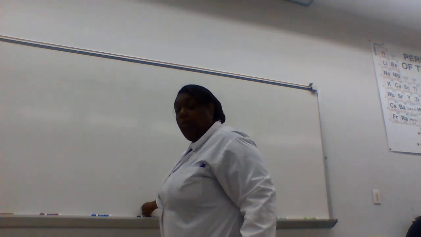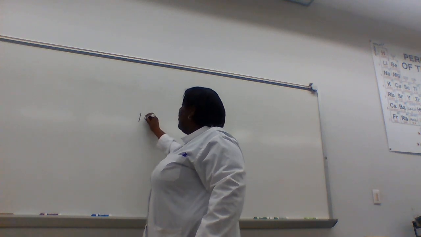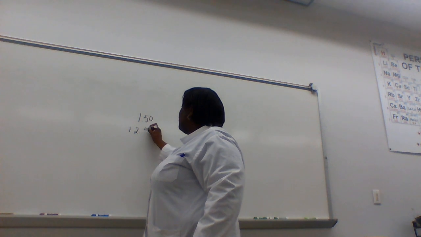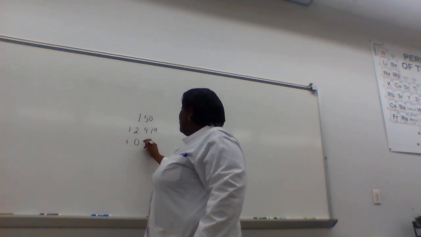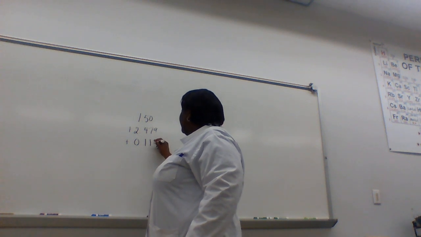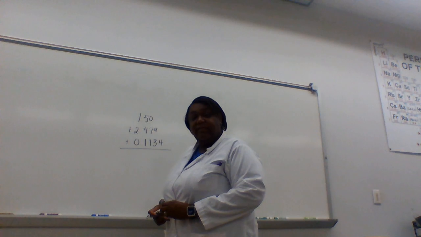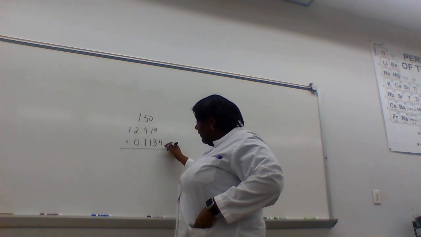Now, let me give you an example of what I'm talking about. Let's say we're adding numbers. Let's say I'm adding 1.50 plus 2.479 plus 0.1134. Again, I've got to line up those decimals to add these numbers together, and then I add according to place value.